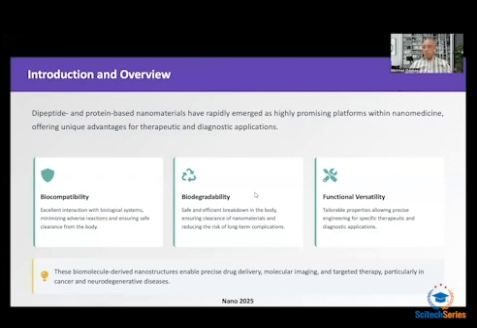These biomolecule-derived nanostructures enable precise drug delivery, molecular imaging, and targeted therapy, particularly in cancer and neurodegenerative disease.